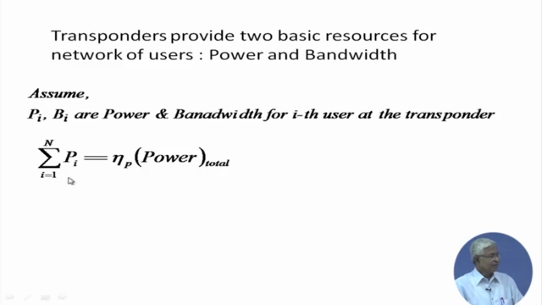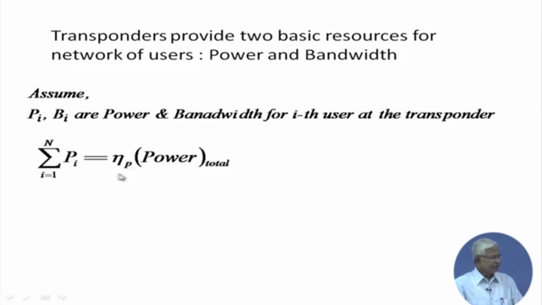Now, each user is trying to access some of the satellite power. So, the ith user has Pi, he is taking out some EIRP, that is the EIRP of the ith one, and if i is equal to 1 to n, the sum of all of them will be equal to some power, but that total power they will take, that is the total power available from the satellite.